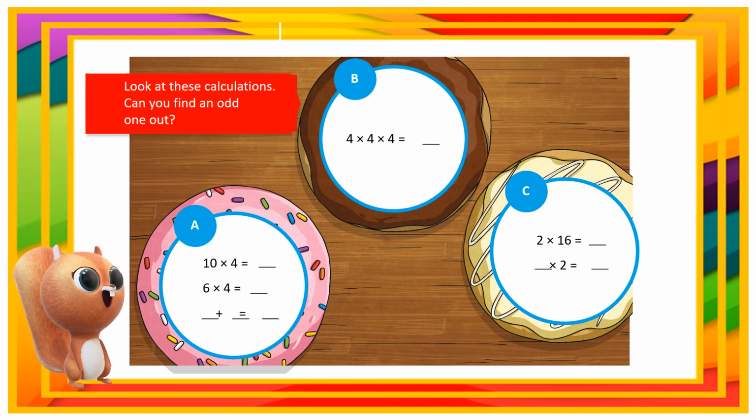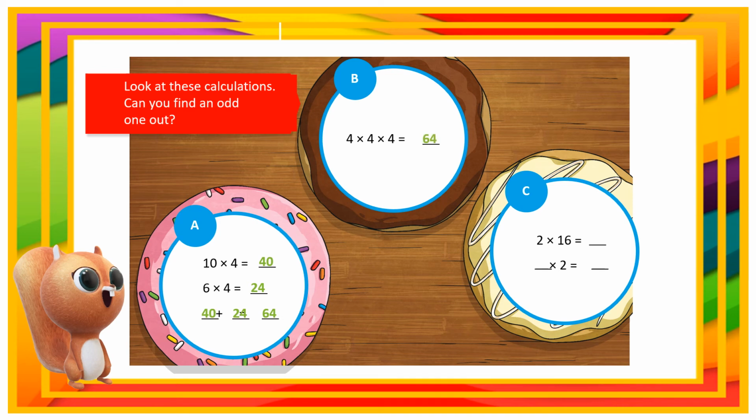Now look at these calculations. Can you find an odd one out? Pause the video and have a go. Welcome back. Were these your answers? 10 multiply 4 gives us 40. 6 multiply 4 gives us 24. 40 plus 24 gives us 64.